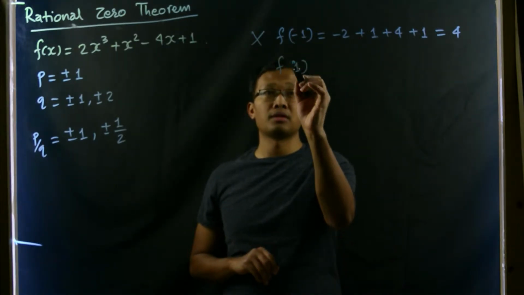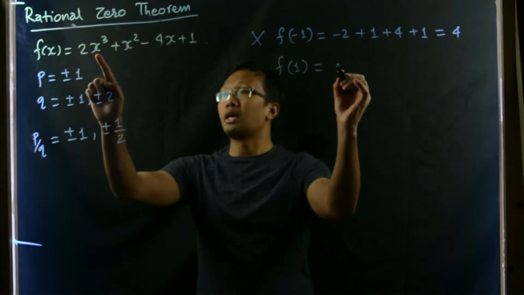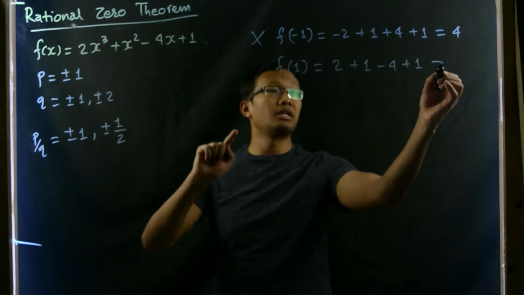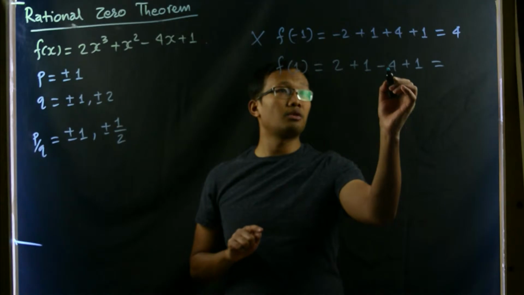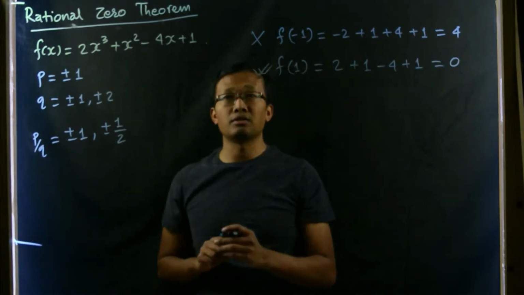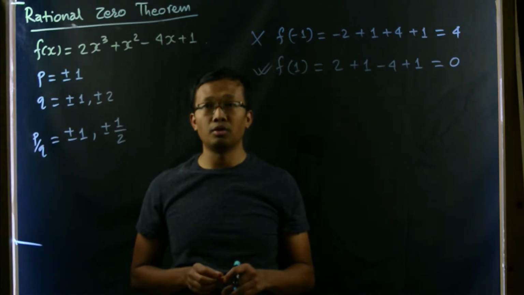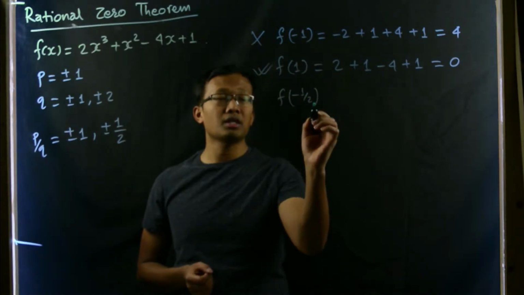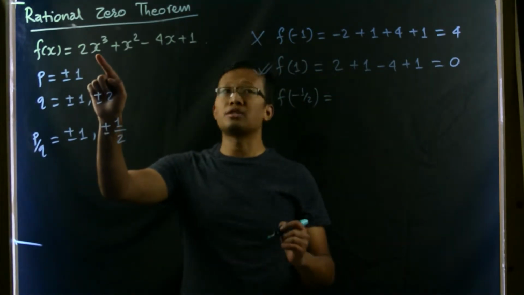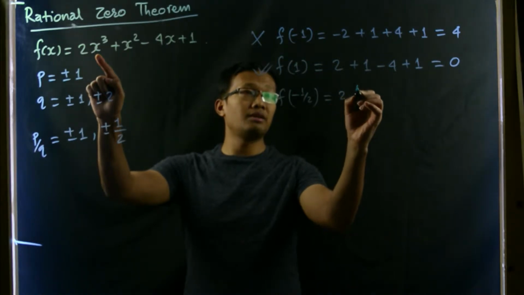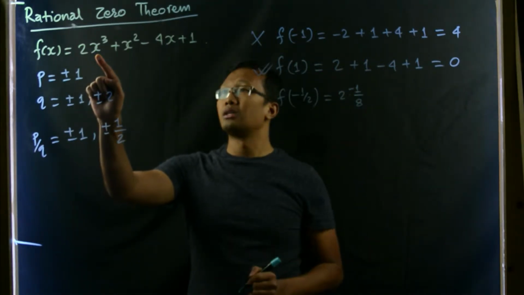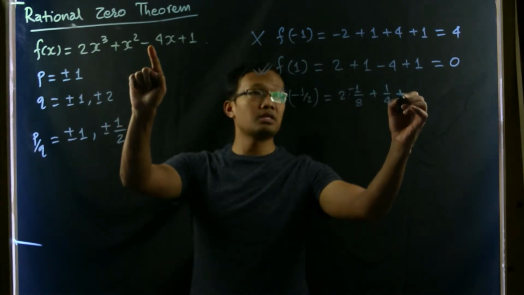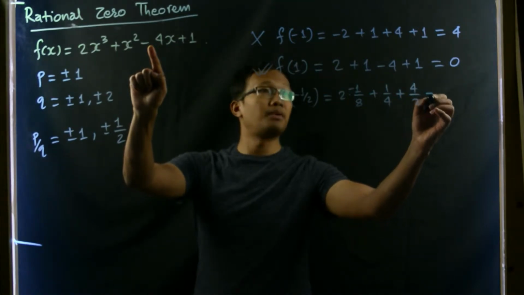Let's go for f of 1. That is 2 times 1 cubed is 2, plus 1 squared is just 1, minus 4 plus 1, equals 2 plus 1 is 3, plus 1 is 4, minus 4 is 0. So this is a zero. That means x equals 1 is a zero of this polynomial. Similarly, let us check for other numbers, f of negative 1/2. f of negative 1/2 will give us 2x cubed, meaning 2 times negative 1 over 8, plus 1/4, since 1 by 2 squared is 1/4, minus minus 4 divided by 2 plus 1.